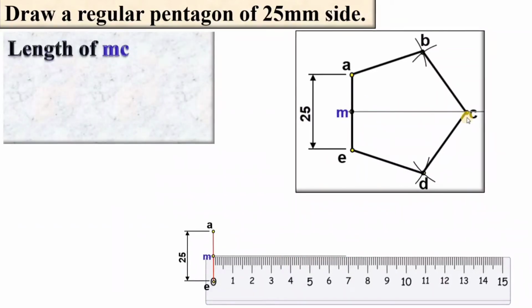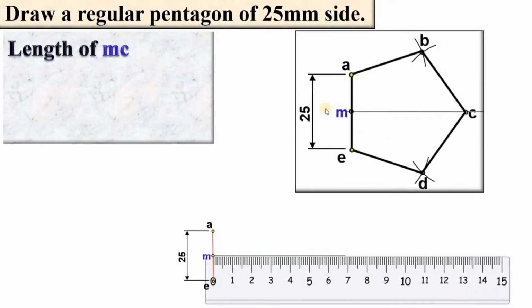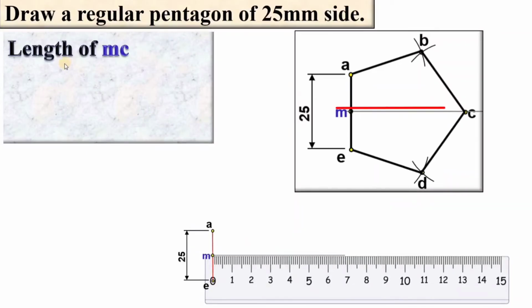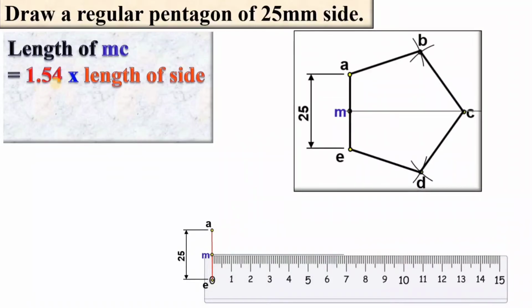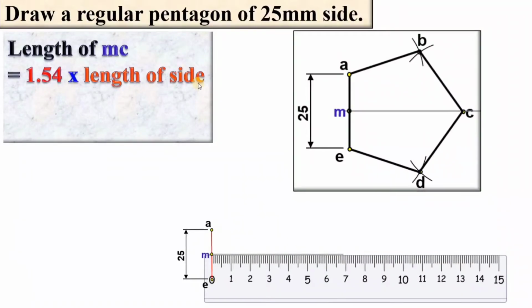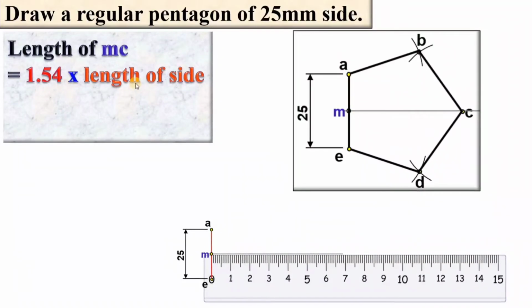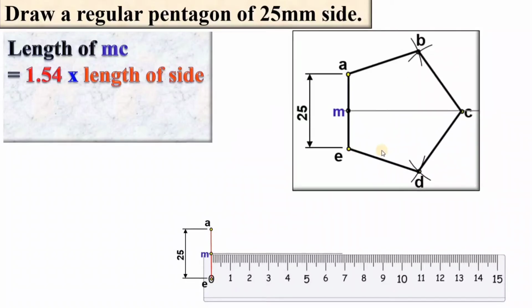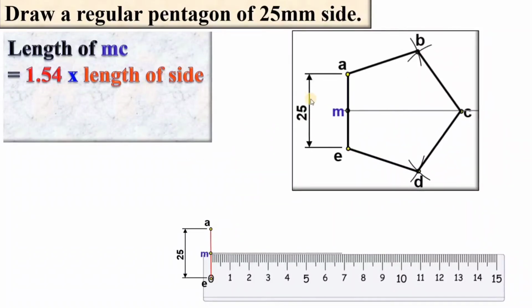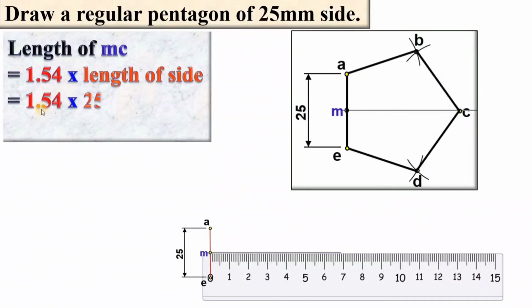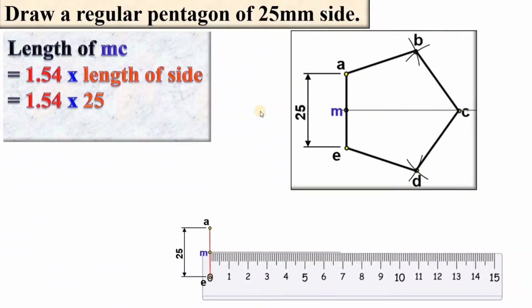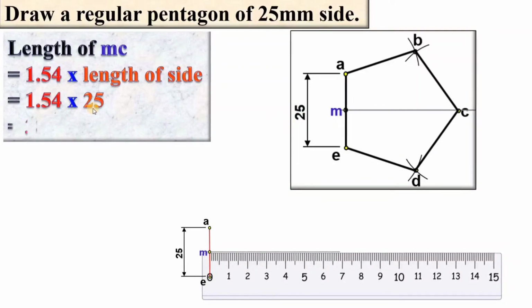Now you have to find the perfect length of MC, and that length of MC is always equal to 1.54 into the length of side. This is the formula particularly for the pentagon. Here the length of side is given as 25 mm, so put it over here: 1.54 into 25 mm.